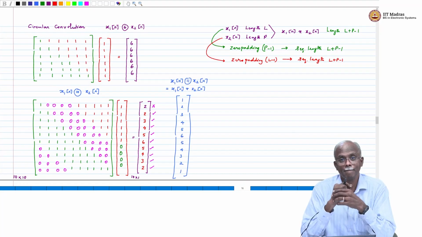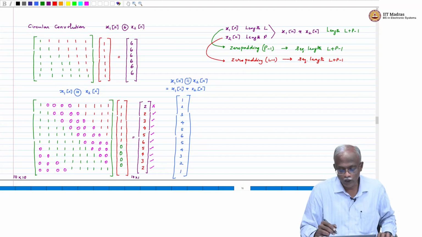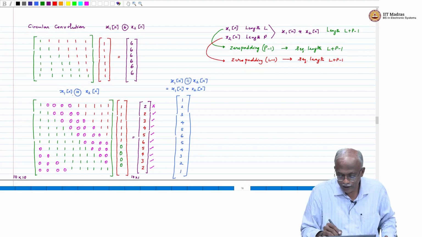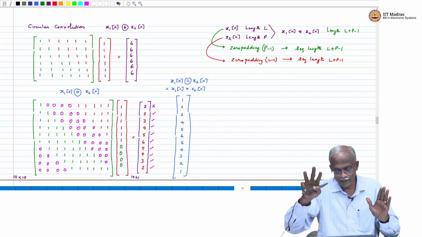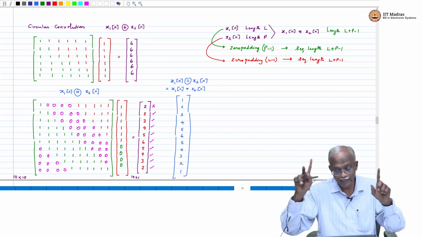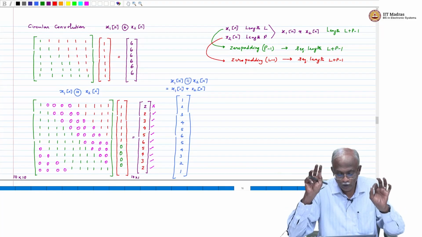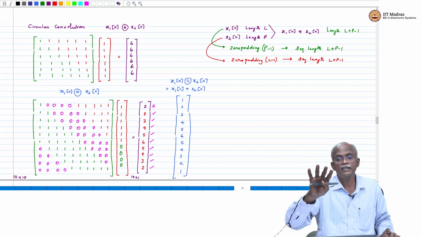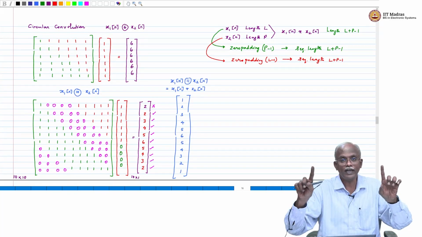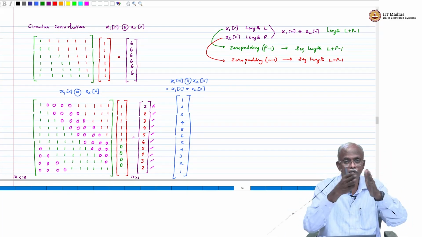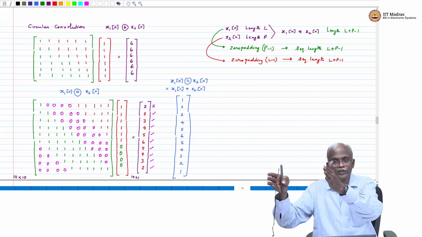What will happen? Let's take a good example. We know that x1 of n has 6 samples, x2 of n has 6 samples, and the linear convolution should produce 11. But I'm going to add only 4 zeros. That means I will get a sequence of length 10: the original sequence x1, all ones, then 4 zeros appended.